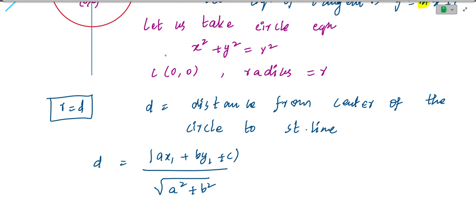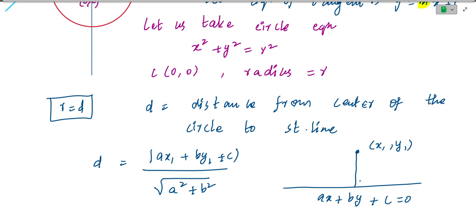We can analyze this distance formula from a point to a straight line in this way. Let me take a straight line whose equation is ax plus by plus c is equal to 0, and I want to find the distance between a point x1 comma y1 and this straight line. I have to drop a foot of perpendicular from this point to the straight line, and find the distance between this foot of perpendicular on the straight line and the given point.